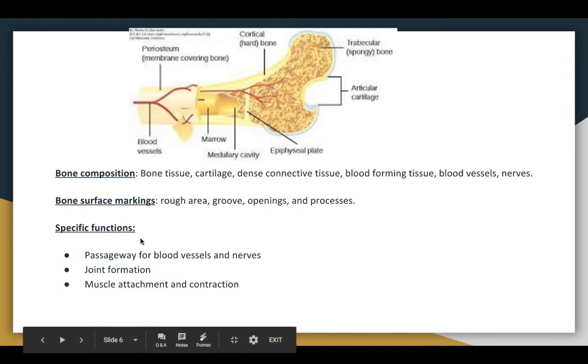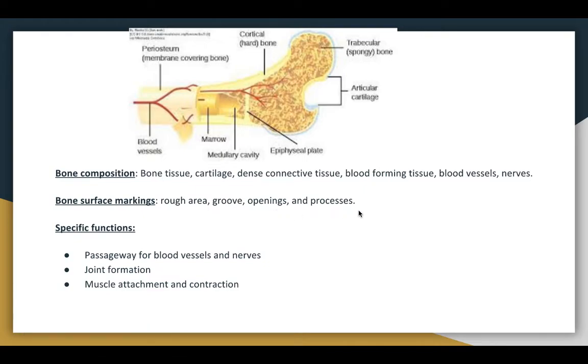There are a lot of different markings on the surfaces of bones that include rough areas, grooves, openings, and processes. In the next couple slides, we're going to be discussing what those different things might look like on different bones. The specific functions of these markings could include passageways for blood vessels and nerves, such as the openings and processes.